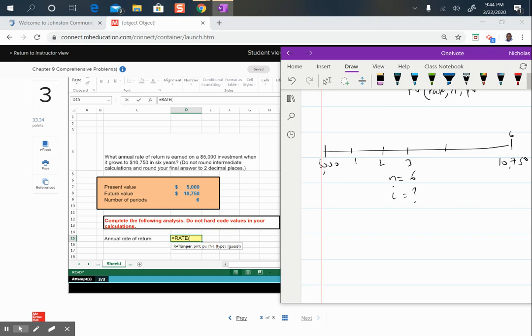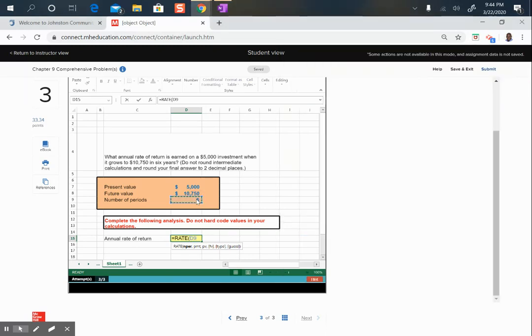So the number of periods we know is 6, so you'll enter that, referencing the cell that is 6. And then the payment, there's no payment involved here, so it's going to be 0. Our present value is going to be 5,000.